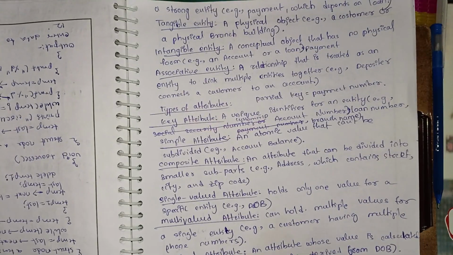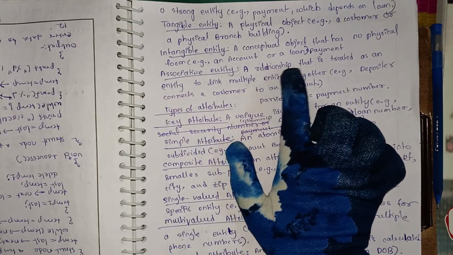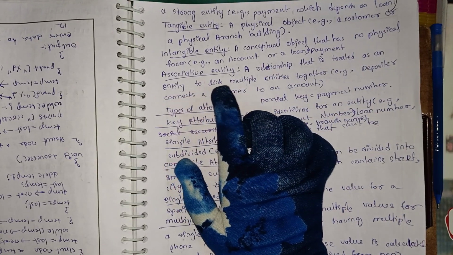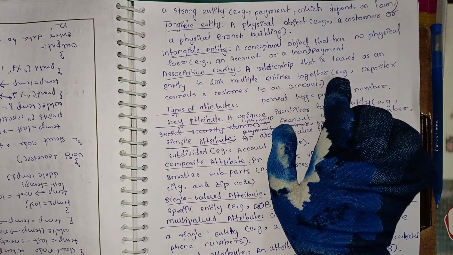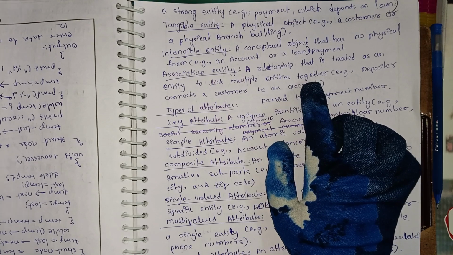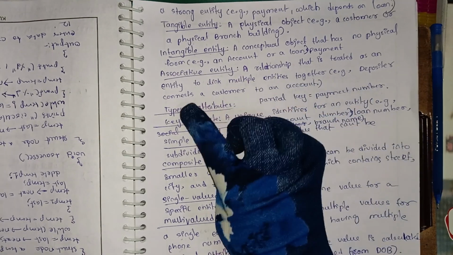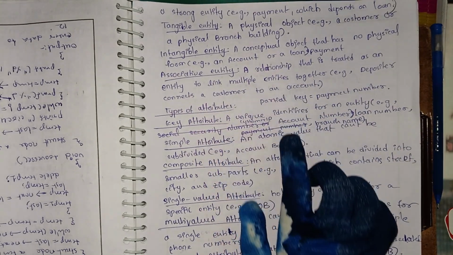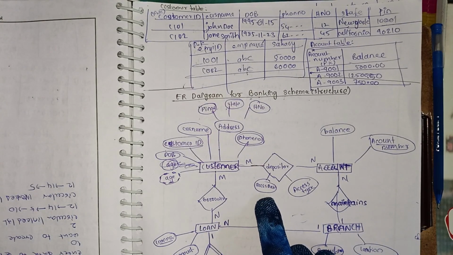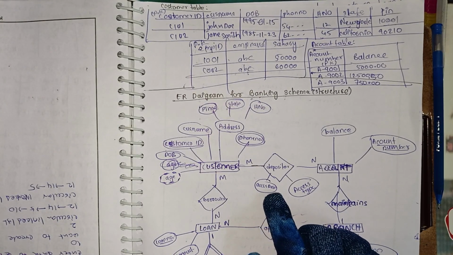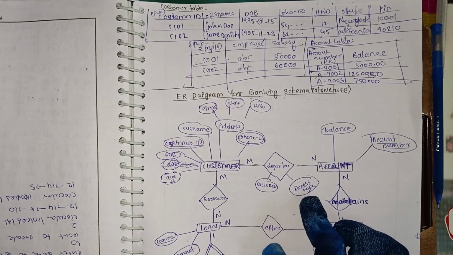And then associative entity: a relationship that is treated as an entity to link multiple entities together. Like depositor connects a customer to an account. Here is a depositor which has the attributes access date and access type.